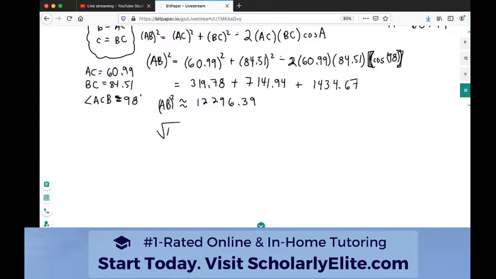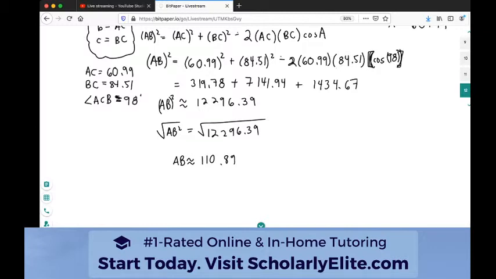We're going to square root AB squared and square root this side. And we get AB equals 110.89, approximately. So that's why I'm going to put my little squiggles in there. AB is approximately that.